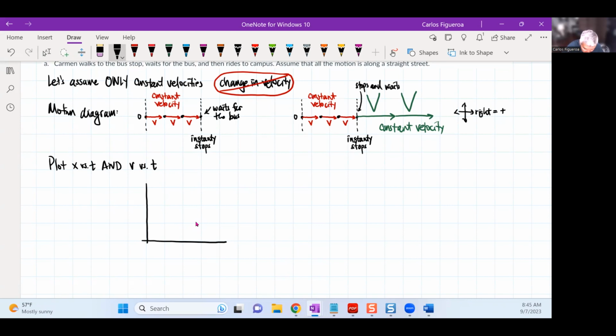What that means here is that her slope has to be really small compared to the bus slope. So I'm going to come in here and say, okay, this is the slope of Carmen right here. So at this point, this is where she now waits. So again, this is Carmen's speed, or not Carmen's speed, excuse me, Carmen's velocity.